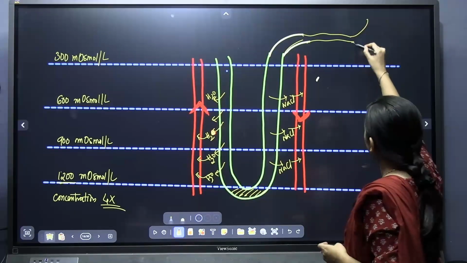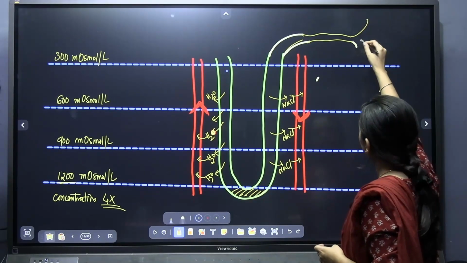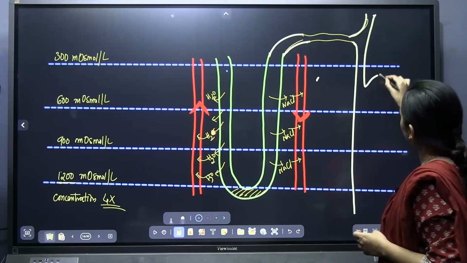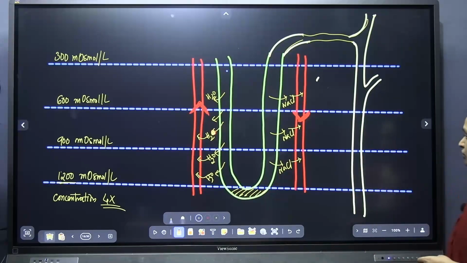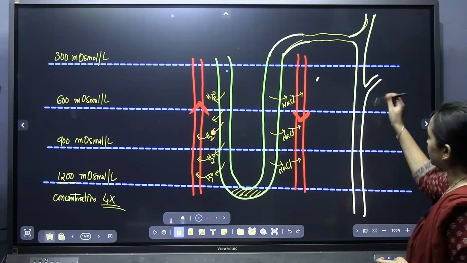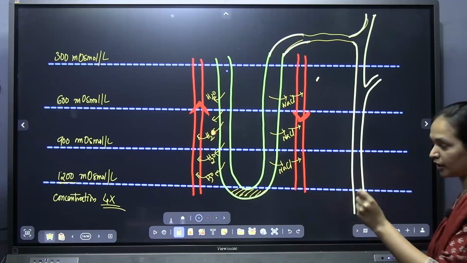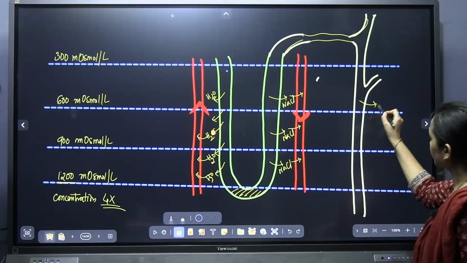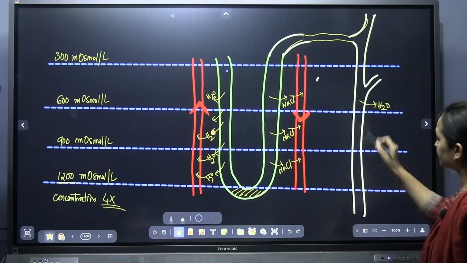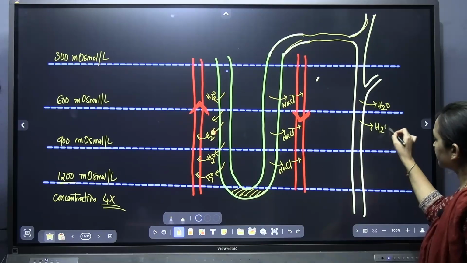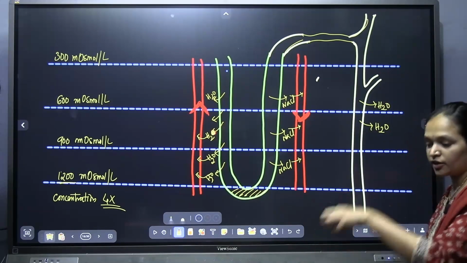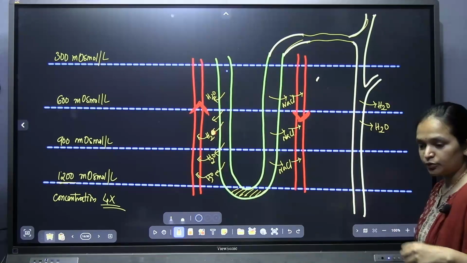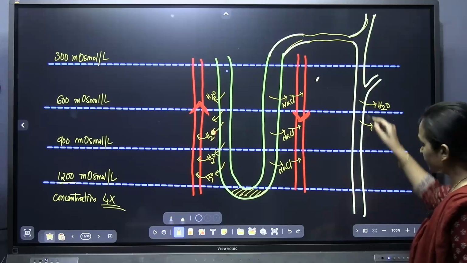Again if you see here, you can see the collecting duct. The collecting duct is also deeply embedded into the medulla. When I was explaining the function of tubules, I told you again the water is coming out, again you are taking the water from the nimbu sharbat, that is lemon juice, which means again it is getting concentrated.